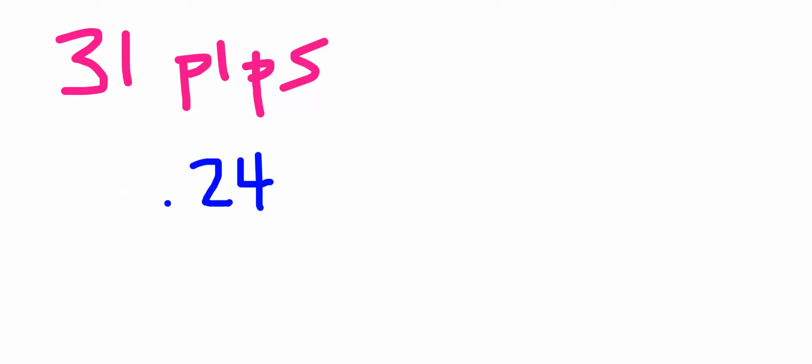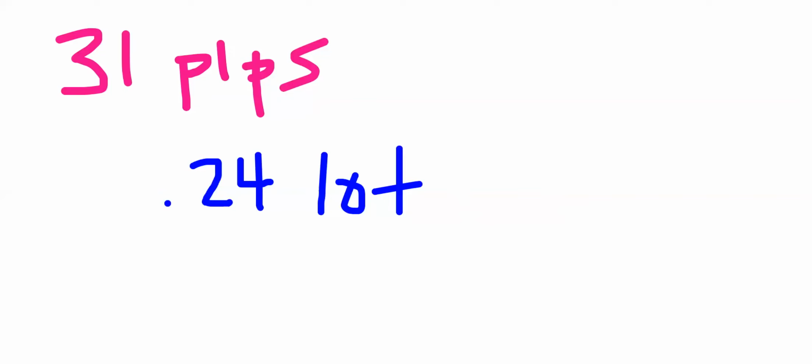How much is that per pip? Excellent. I see y'all. $2.40 per pip. $74.40 that you would make or lose depending on if you're on the right side. So you get it.